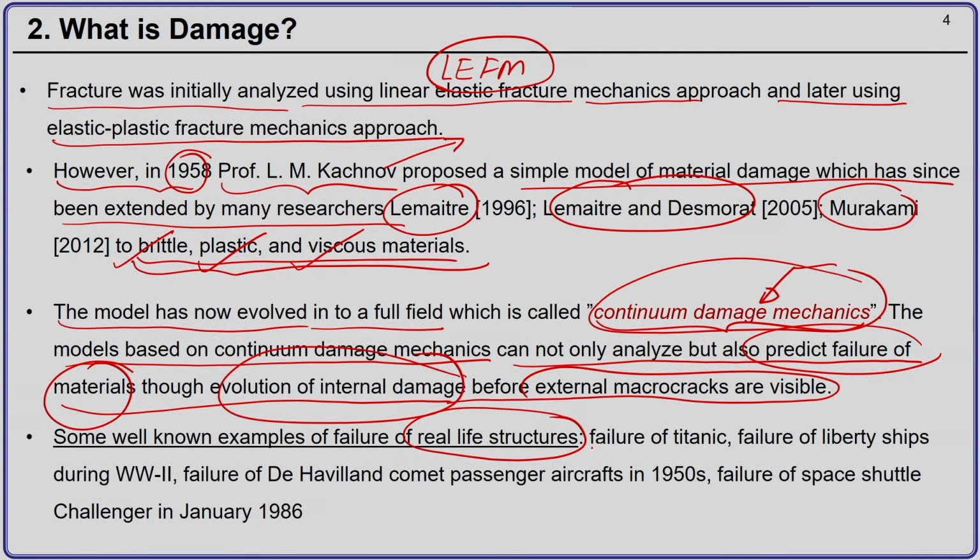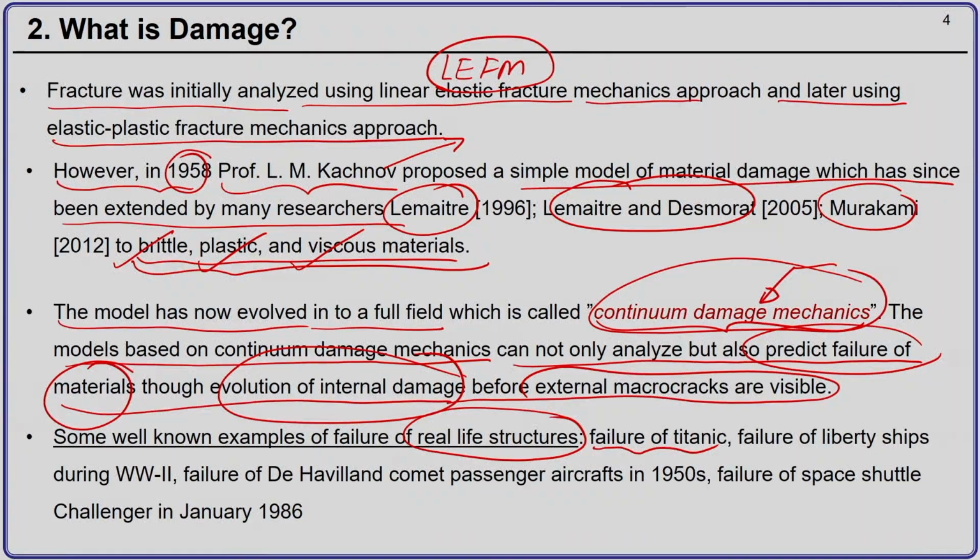One of the most famous examples is the failure of the Titanic ship. In 1911 the Titanic was going from UK to America, and over the Atlantic Ocean it collided with an iceberg, which caused a tearing of the underside of the ship, through which water entered, and it eventually sank.